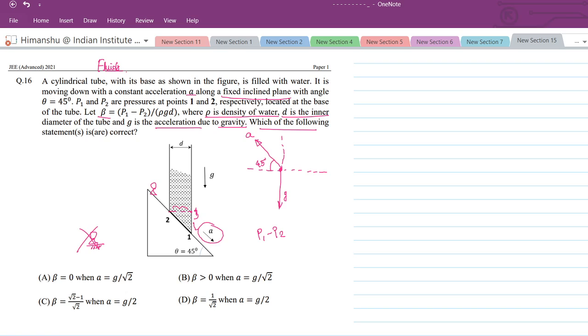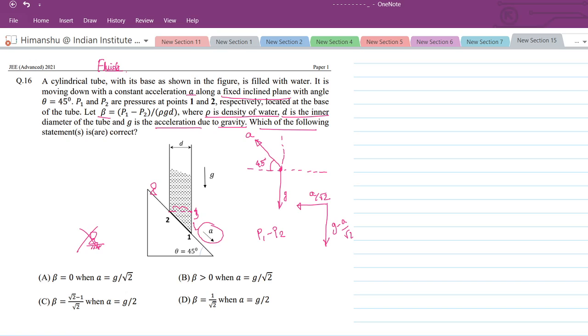So net gravitational acceleration along the vertical direction would be g minus a over root 2, and in the horizontal direction it would be simply a by root 2.